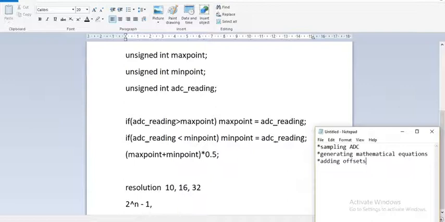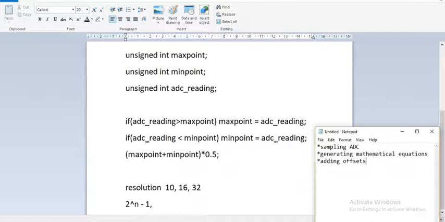So if I add -1, that means I'm shifting it by -1 from my scale. An offset can be added in any axis. You can add offset to the y axis, you can add to the x axis, you can add offset to your variable, to any of your variables.